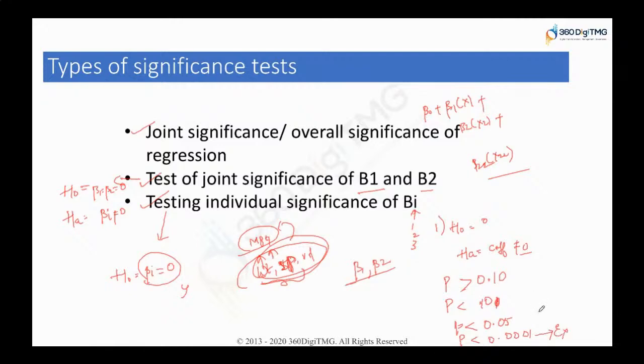Fair enough, it means that variable has a fair relation with the output variable. And this can be marginal. If it is greater than 0.10, it means that it is not significant.